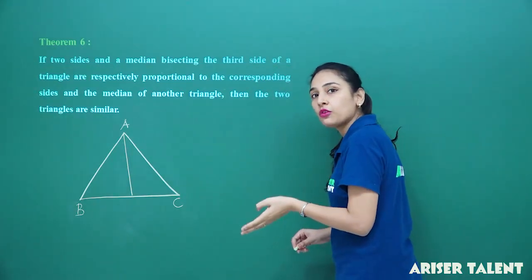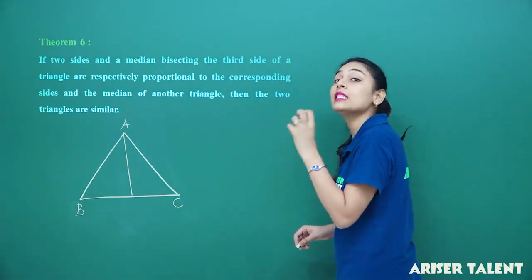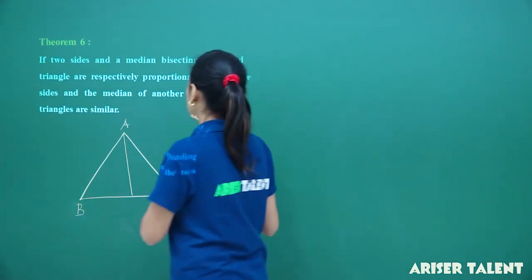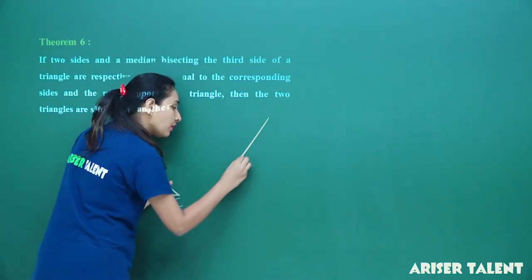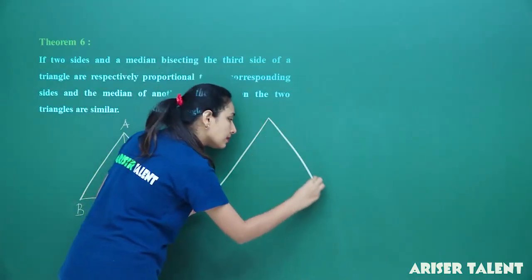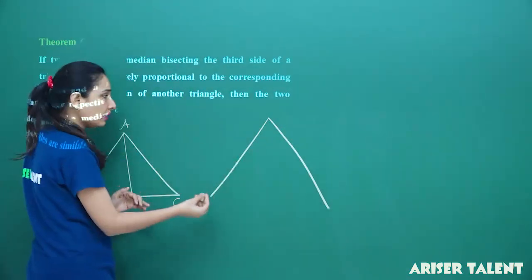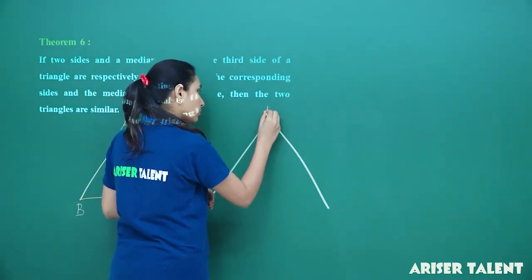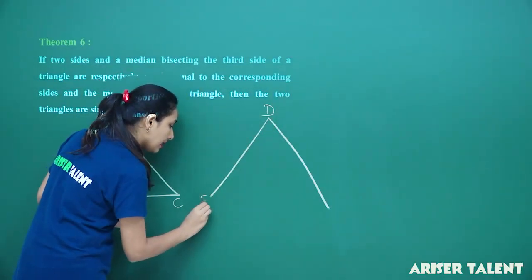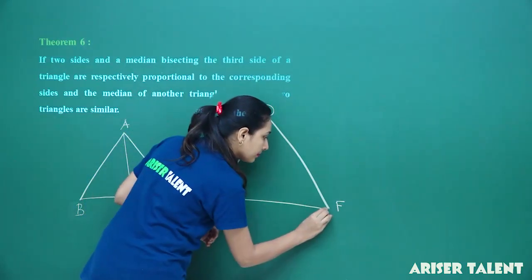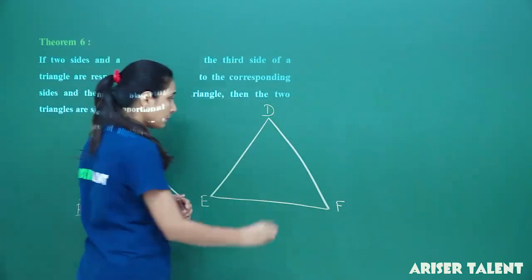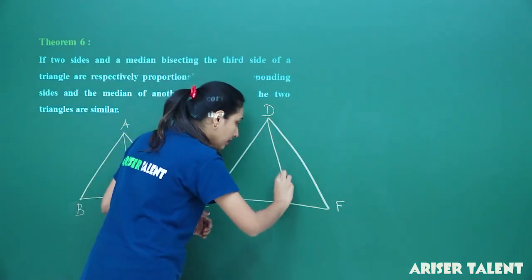So we have to draw another triangle in which we are also having these two sides, which may or may not be similar. Let's suppose that is D, E and F. Now we are having a median.